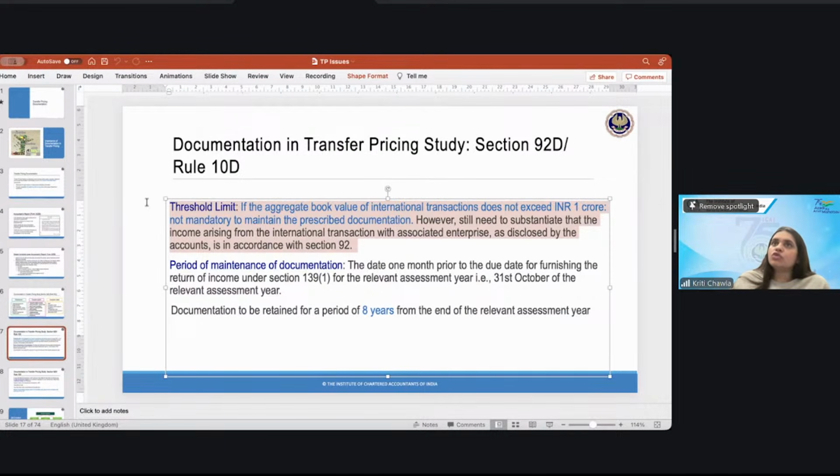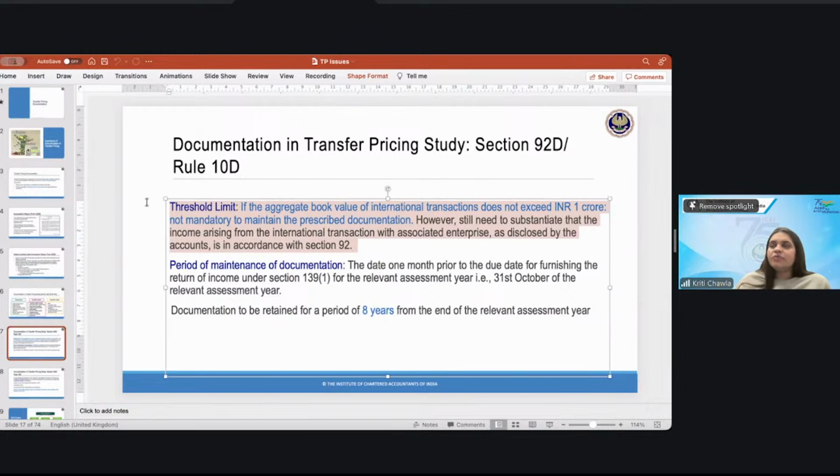Well, for that also we need documentation to exist so as to tell them that yes, we have done our exercise, we've done all the margin analysis, computation analysis to show that a particular transaction was at arm's length. You need that kind of information. Otherwise you cannot just tell them that randomly a TNMM method is something that we're using to benchmark. So even if this threshold is not met, we still have to substantiate that it is at arm's length.